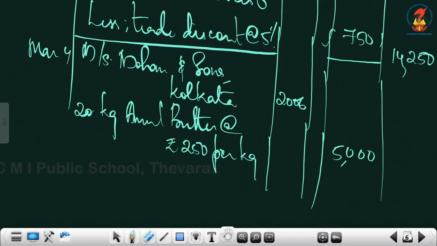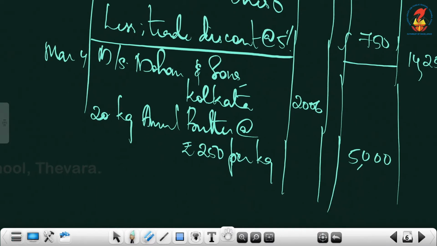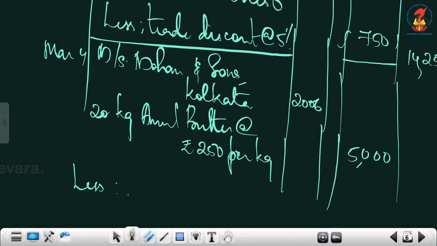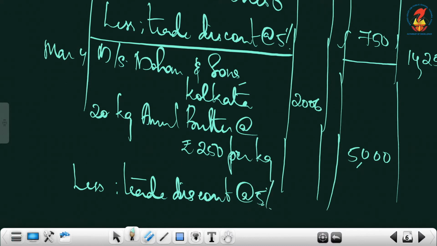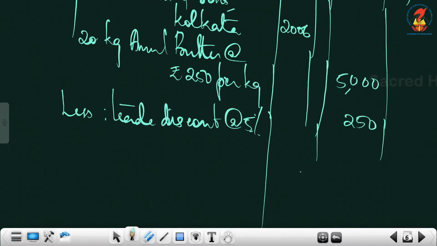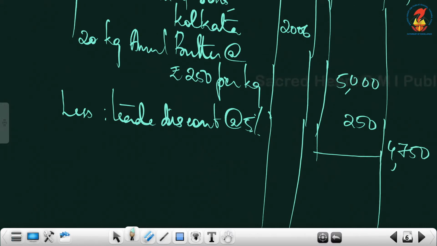Then there is trade discount again at the rate of 5%. So less trade discount 5%, that is 5,000 into 5 by 100. That's how you have to compute. So less this, you write the figure in the outer column, 4750.